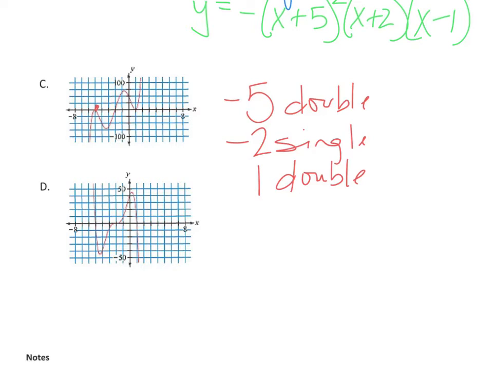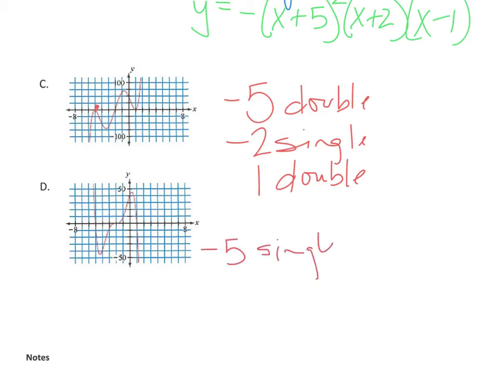Now, this last one is a little different. This is a cross through single root. This is a cross through single root. But do you see how this flattens out and then keeps going? It's almost like it was going to bounce, but decided, nope, I'm going to keep going. This is called a triple root. So my roots this time, -5 is a single.